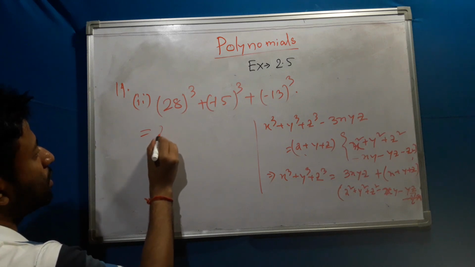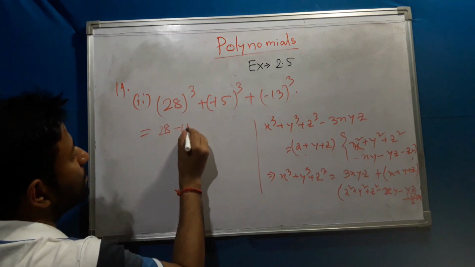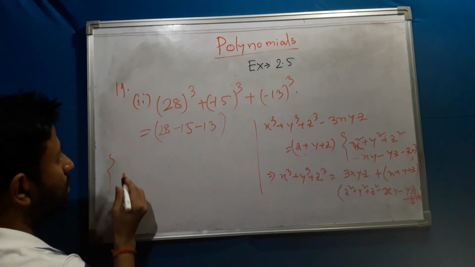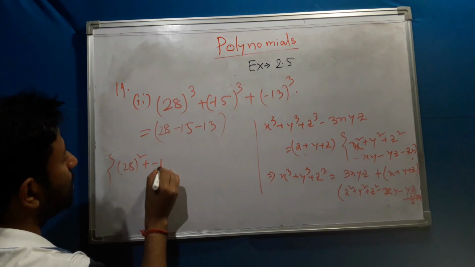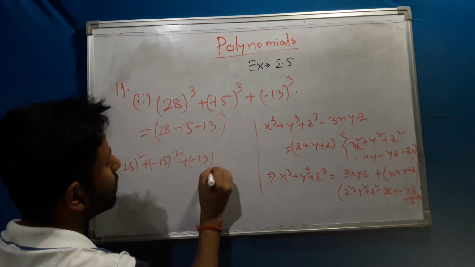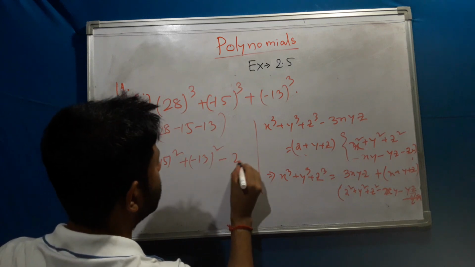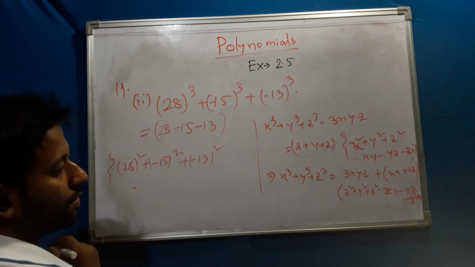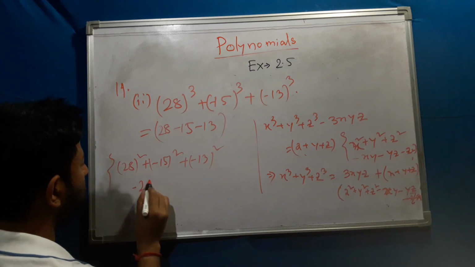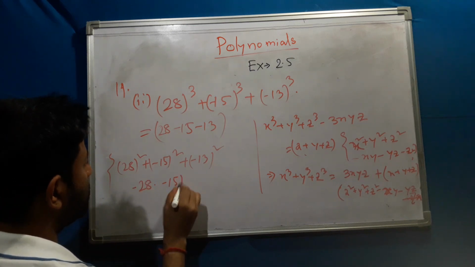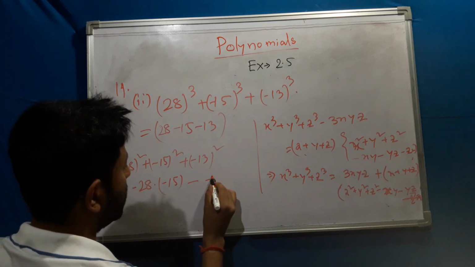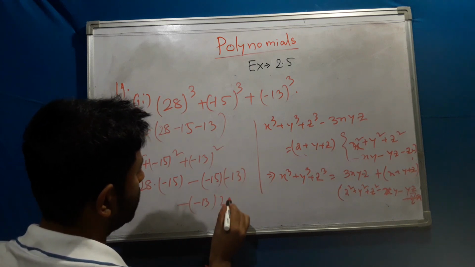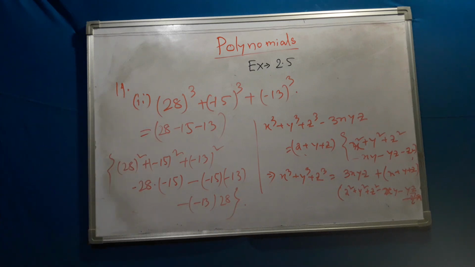It will become like that: 28 minus 15 minus 13, that is x plus y plus z, then square 28 square plus minus 15 square plus minus 13 square, then minus xy, minus yz, minus zx, where x means 28, y means minus 15, z means minus 13. Okay, so we had to do nothing.